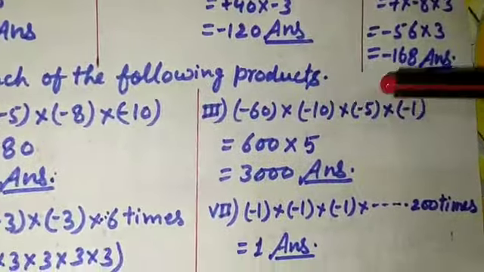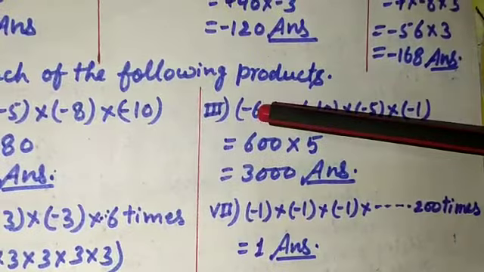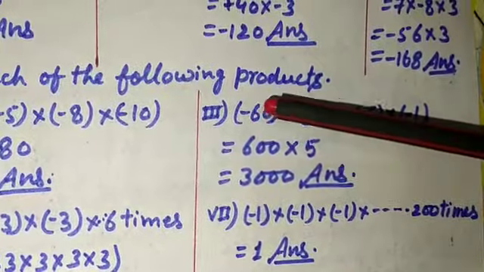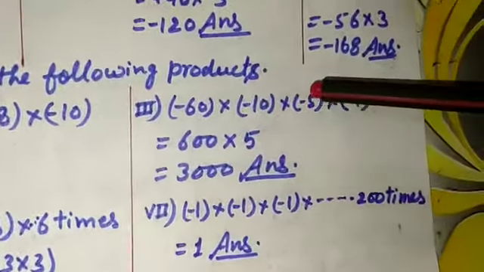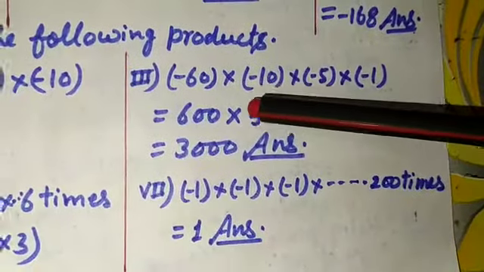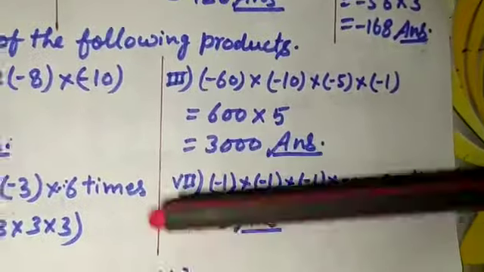Third one is minus 60 into minus 10 into minus 5 into minus 1. Here minus 10 into minus 60 will be in positive sign, and 60 tens are 600, and multiplied by 5 ones is 5, and the sign will be positive, therefore 600 into 5 is equal to 3000.